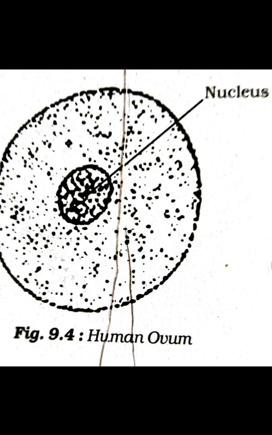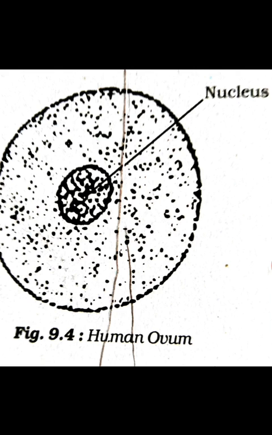The first step in the process of reproduction is the fusion of a sperm and ovum. The fusion of the egg and the sperm is called fertilization. During fertilization, the nuclei of the sperm and the egg fuse to form a single nucleus. This about fertilization you have already learned in class 7 while studying about the reproduction in plants.